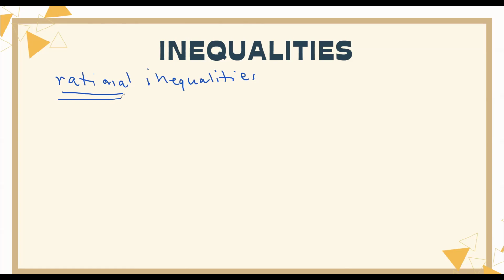So a rational inequality is basically fraction form siya, where your denominator, of course, cannot be equal to 0, right? So let's say, for example, if we have (3x minus 9) over (x plus 2) is greater than or equal to 0, where x is not equal to negative 2.